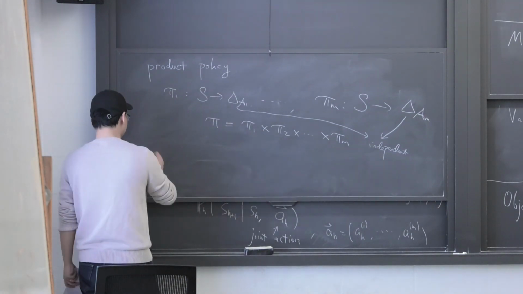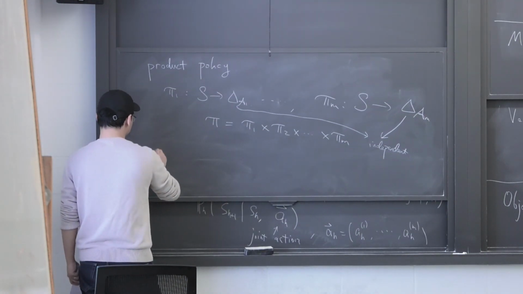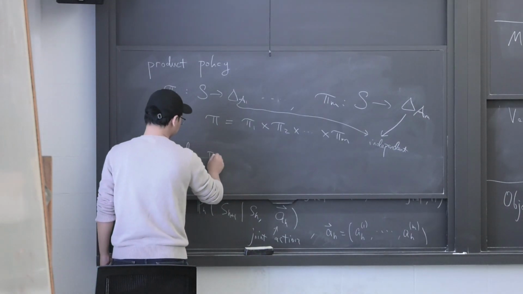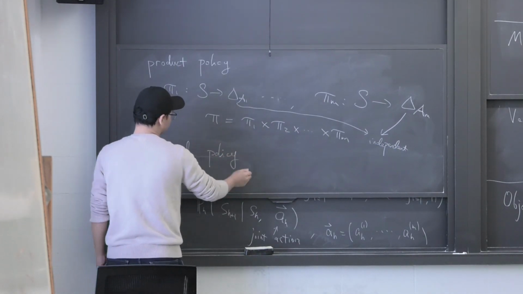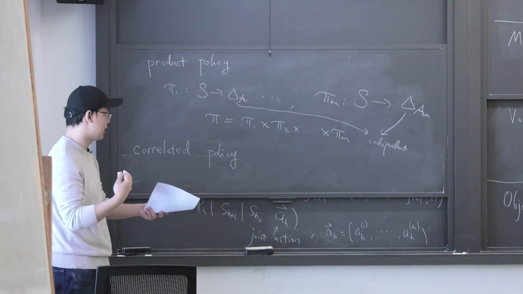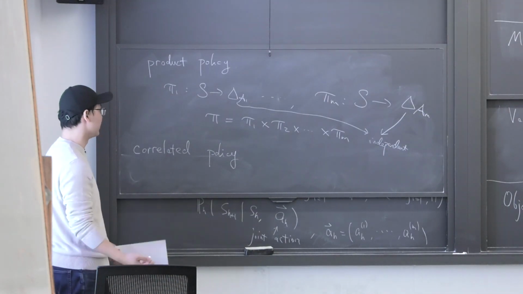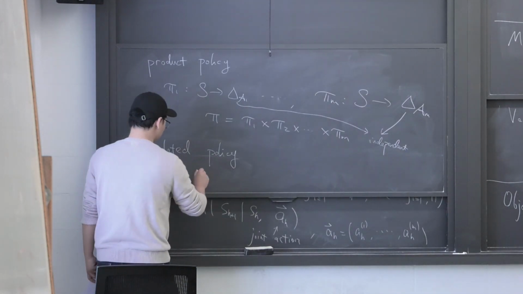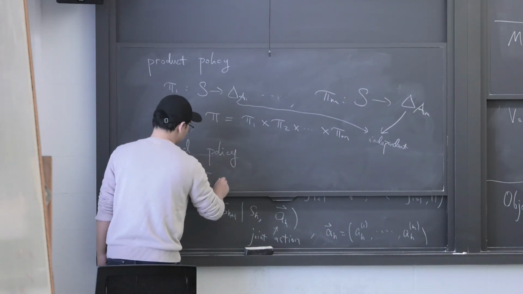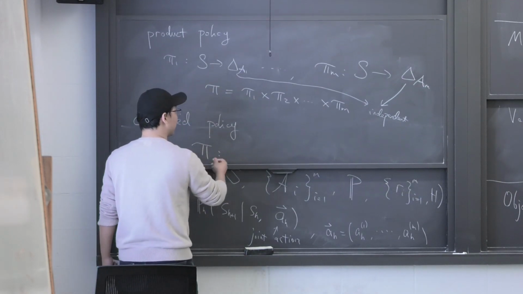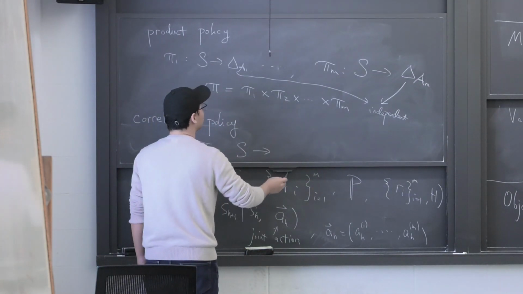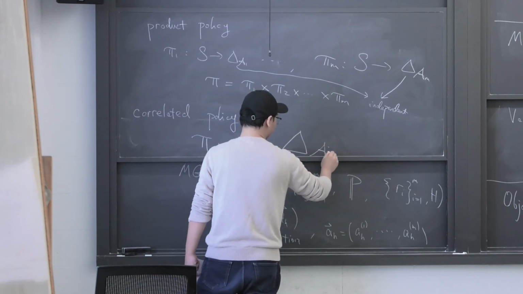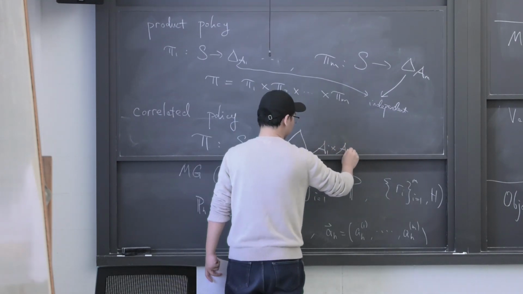While correlated policy can be something slightly different, which is very useful in the general sum game because it's not necessarily just competitive, it can be cooperative. That's why in general it might be helpful to share the randomness. So a correlated policy is just a single map from S to the probability distribution over the joint action space.